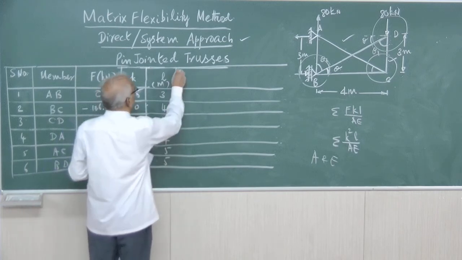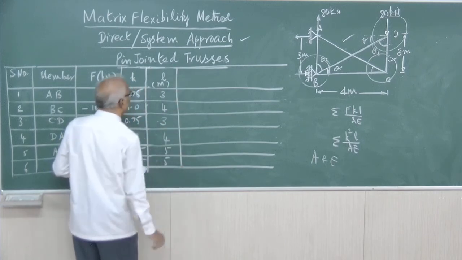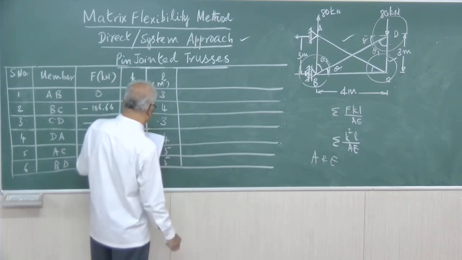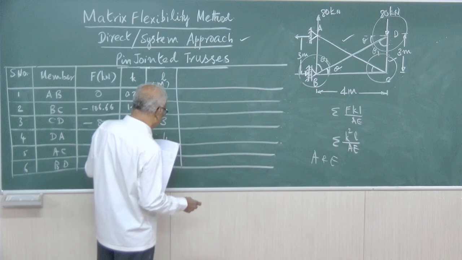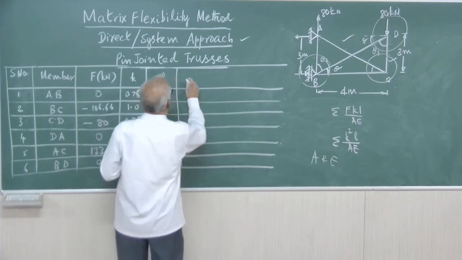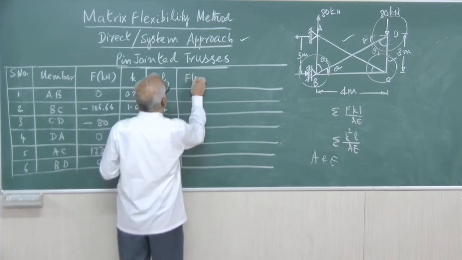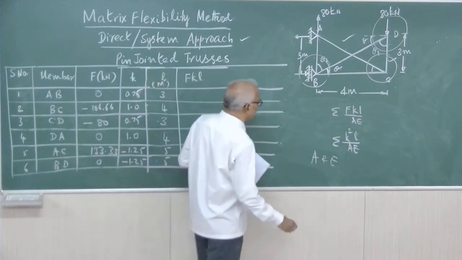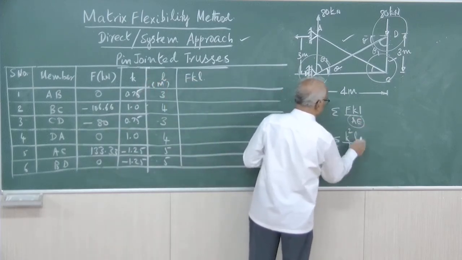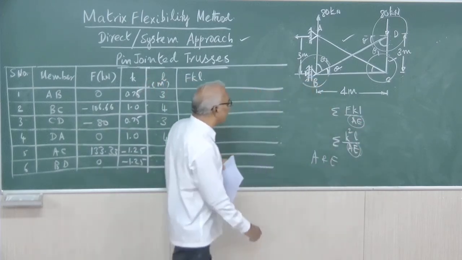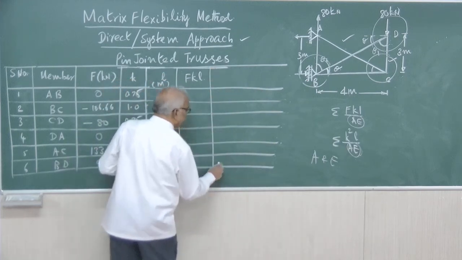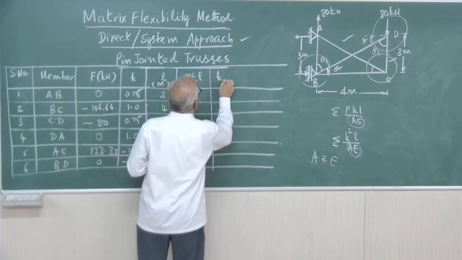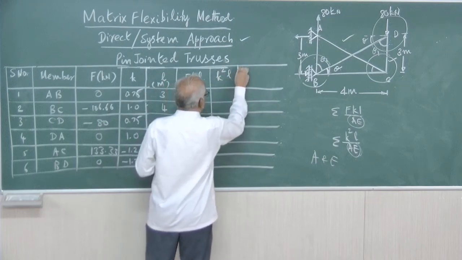Area is the same, Young's modulus is the same, therefore we need not provide a separate column. We have to find FKL, because AE will be common, we need not write it. FKL is needed for one calculation, then K square L is needed for another calculation.